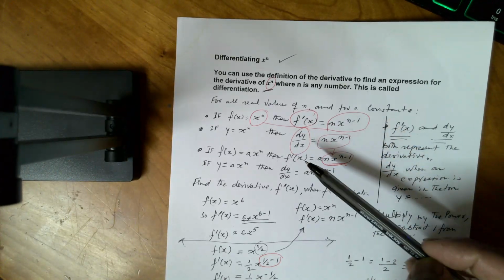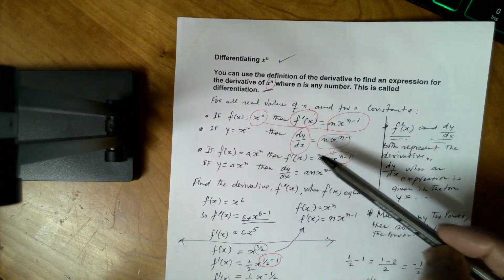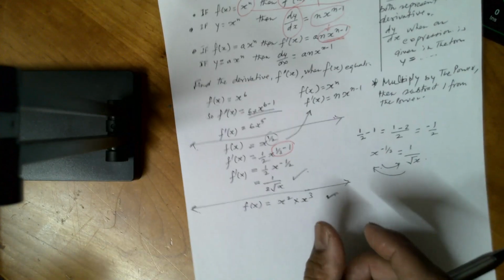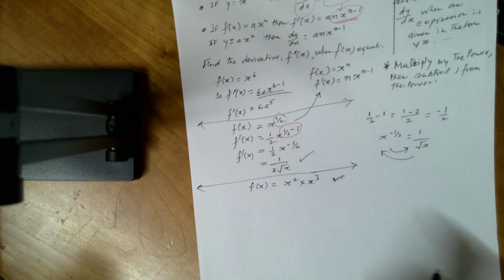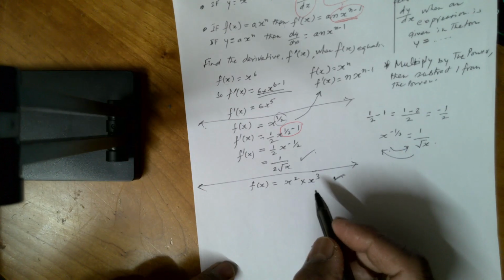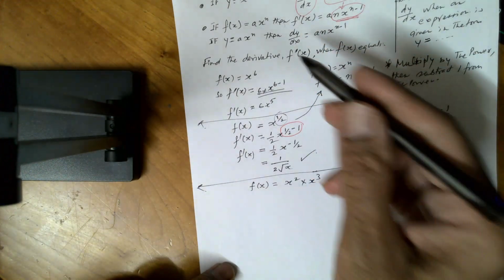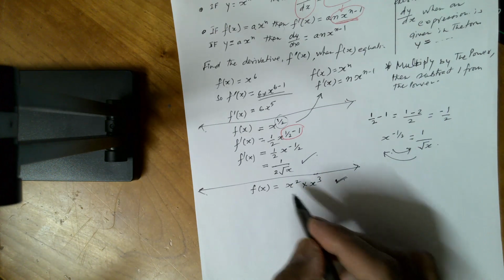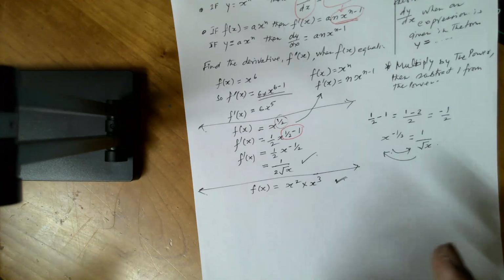So before you apply rules, you need to do a bit of algebra first. You need to be good at that. Once that is done, then you apply rules. Sometimes you cannot do it straight away. You have to simplify first.